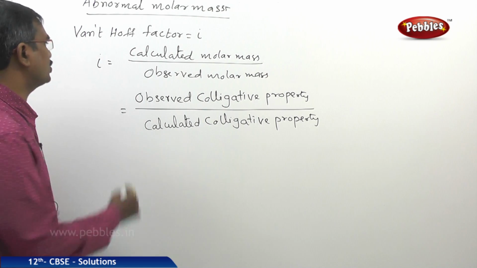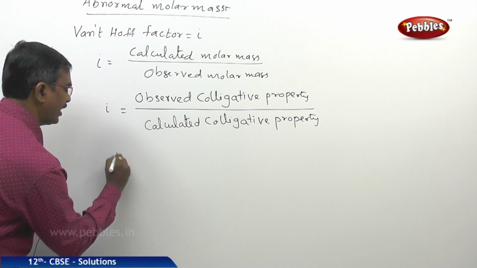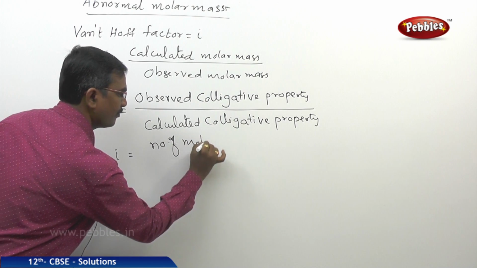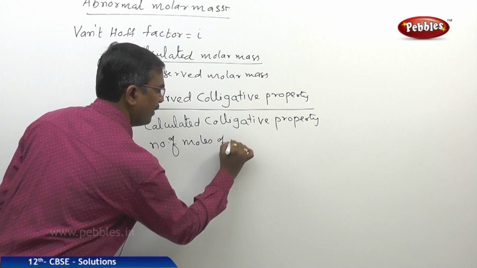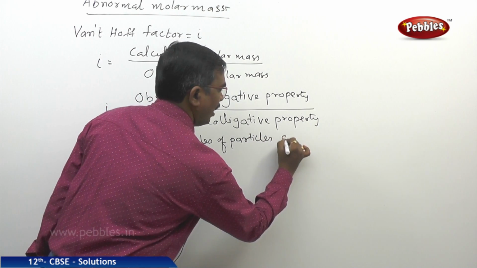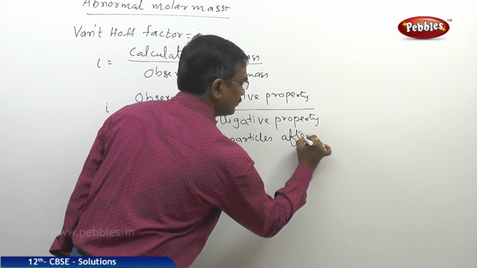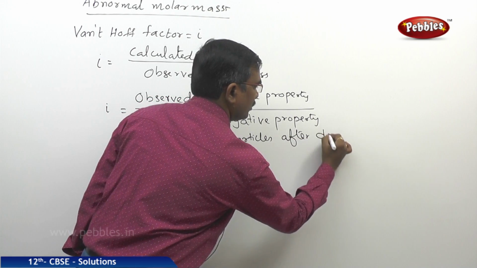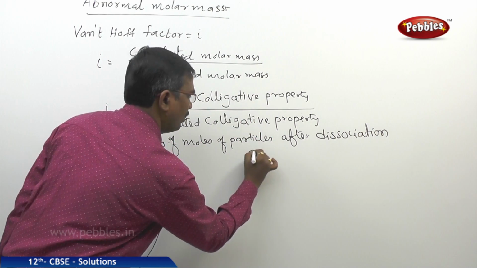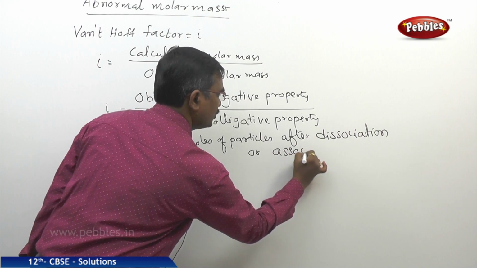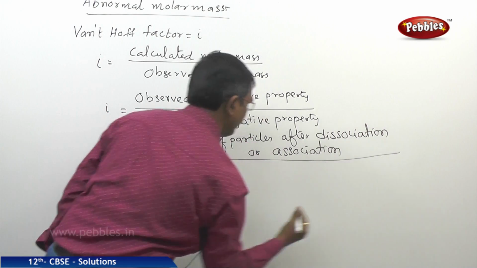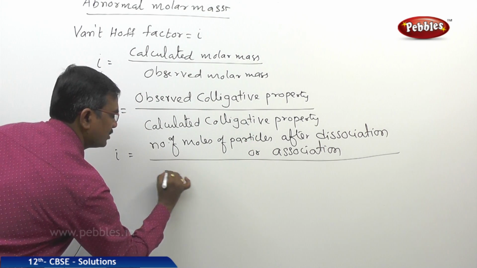Of course, we can also write another expression for this I as the number of moles of particles after dissociation or association divided by the initial number of particles.